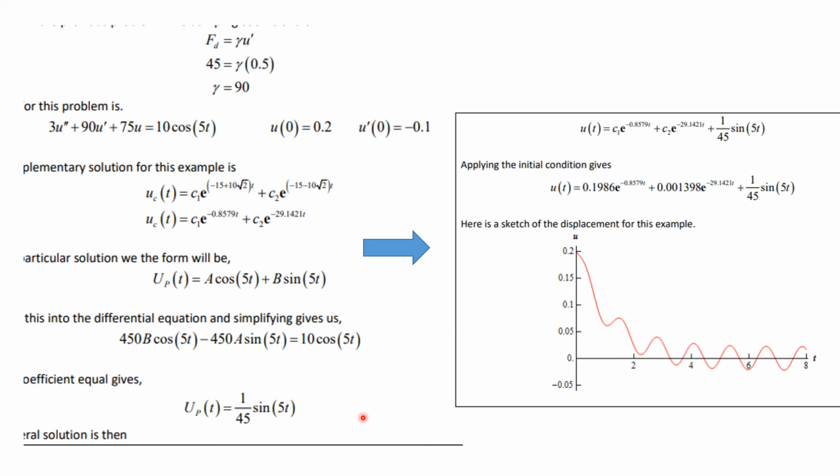And so we have everything we need except for the coefficients here, and we'll use our initial conditions and substitute those in, and we will get this is our solution. And here is the graph.